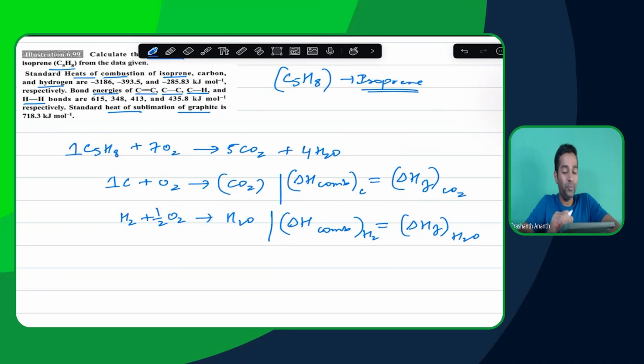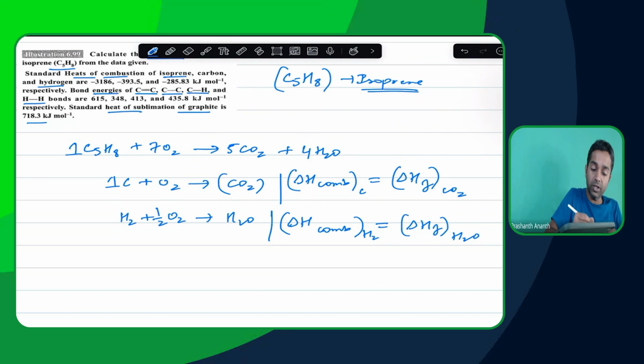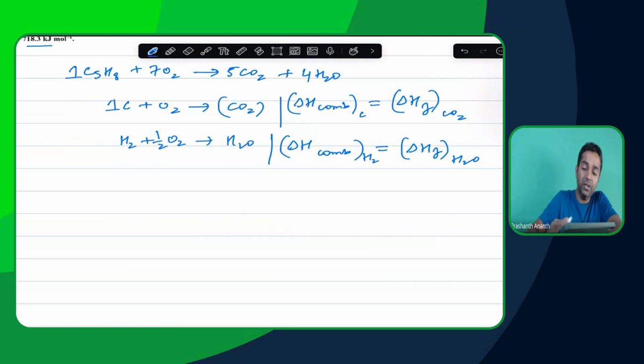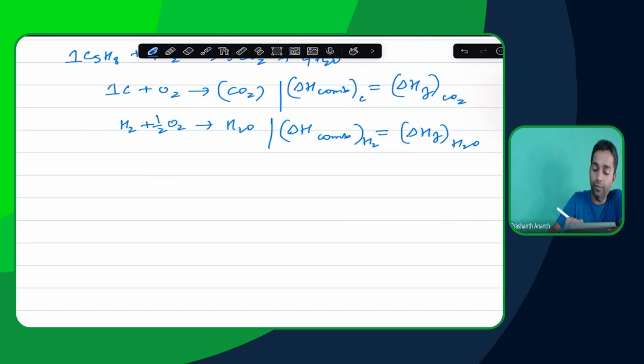Now, let us try to see how to basically get this done here. Heat of sublimation of graphite is given to us, and they are giving us the H single bond H bond also. So now let us try to see how to form C5H8.